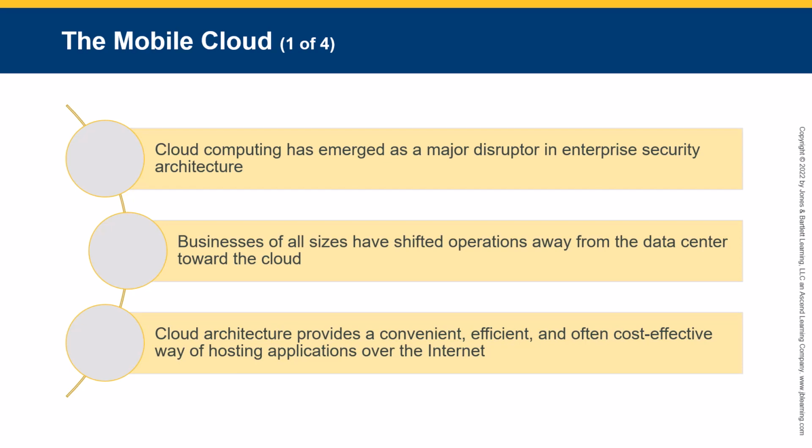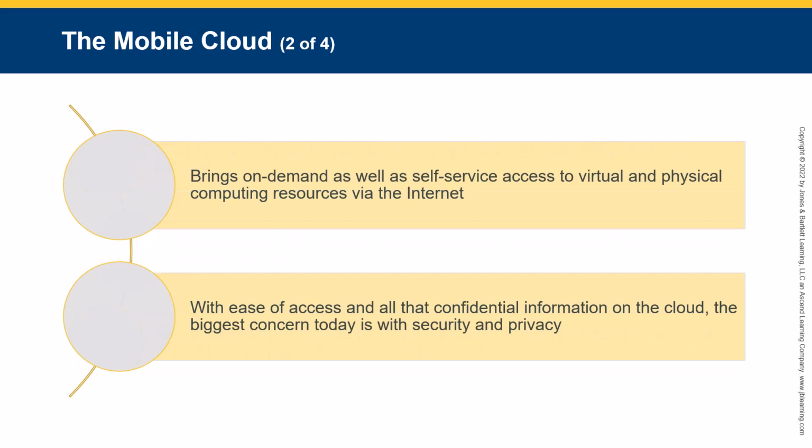All of that allows for us to do things such as bringing the on-demand as well as self-service from the physical realm to virtual, and allows us to move to computing resources via the internet. If you need a VM spun up, if you need X services spun up, you can now do that, whether it's a virtual machine or physical machine that is allocated on the cloud, and this works. Amazon AWS, Microsoft Azure are two of the big ones where literally I need a VM.